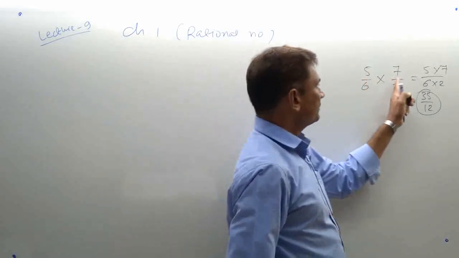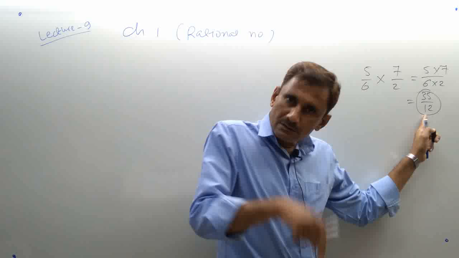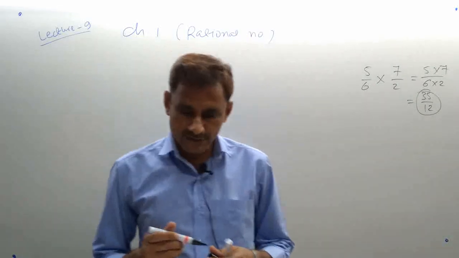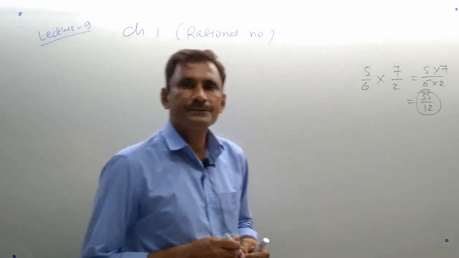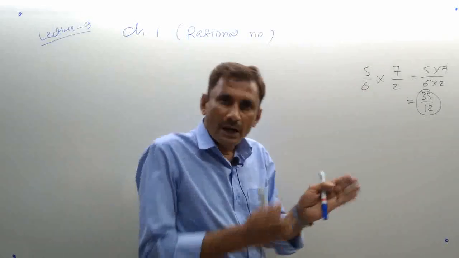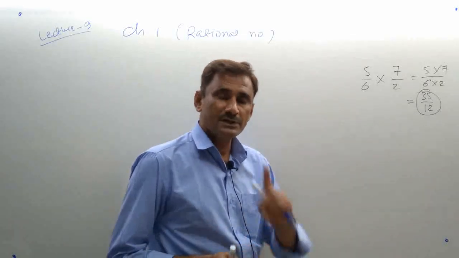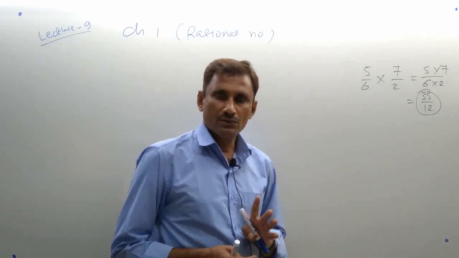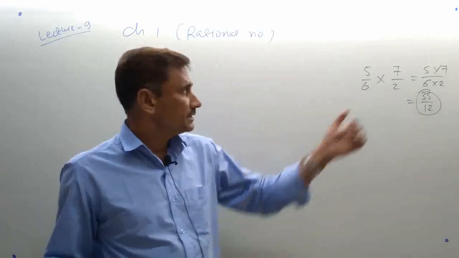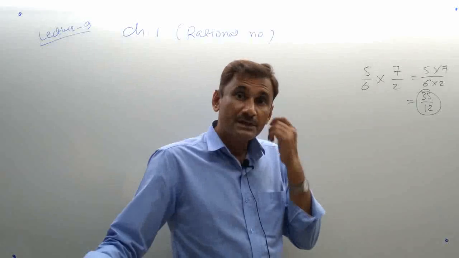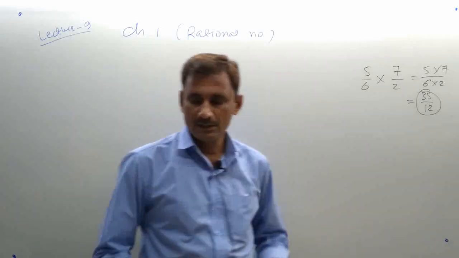This is a rational number, this is a rational number, and the answer is also a rational number, which means the closure property is there. In addition also the closure property was there, but in subtraction not. For product, the closure property is there for rational numbers.